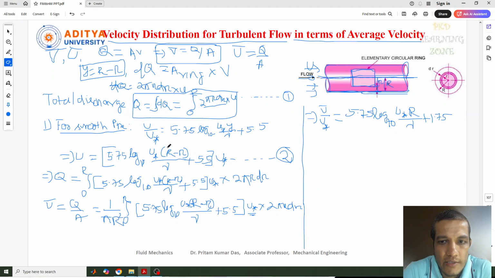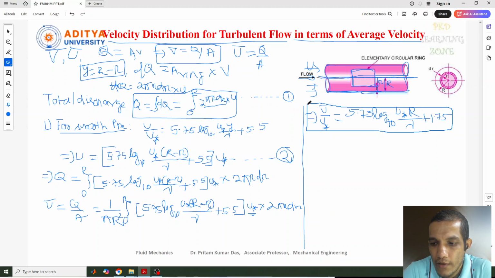So this is the equation we are going to get after integrating this equation in the smooth pipe. This one we can call equation 3.